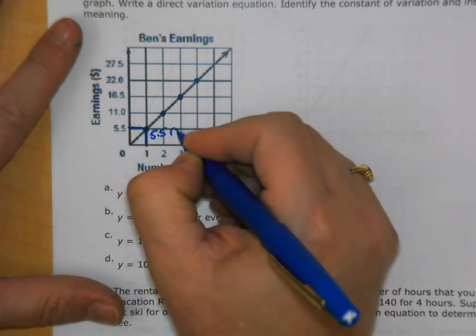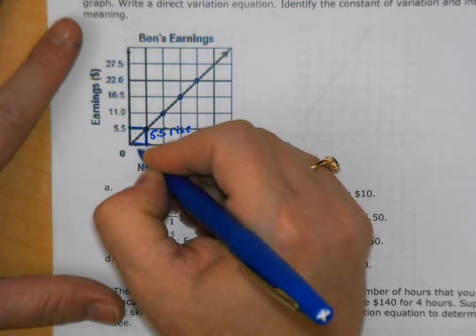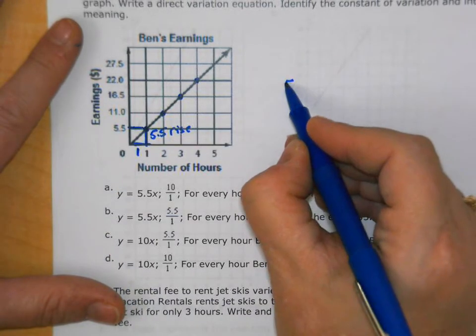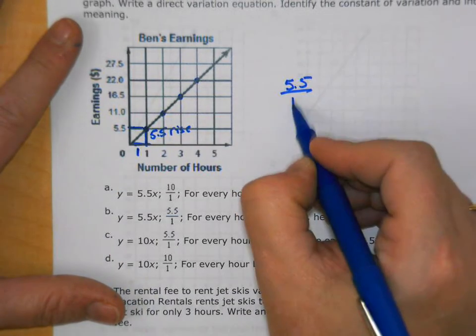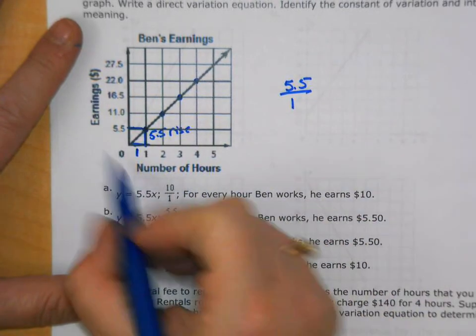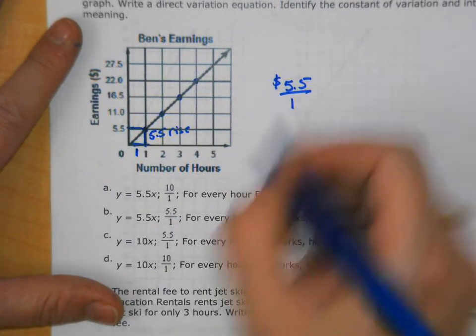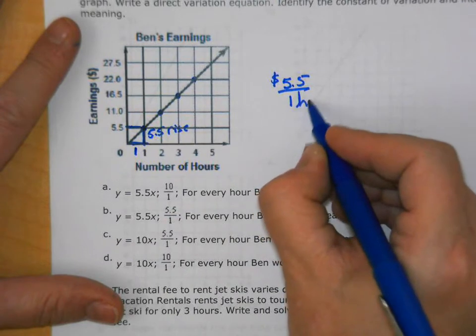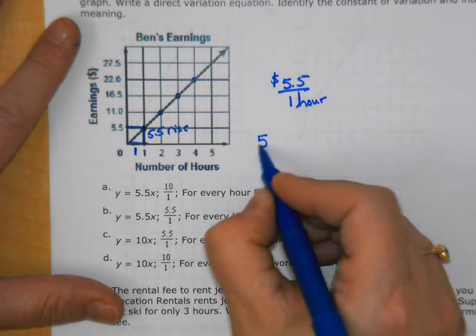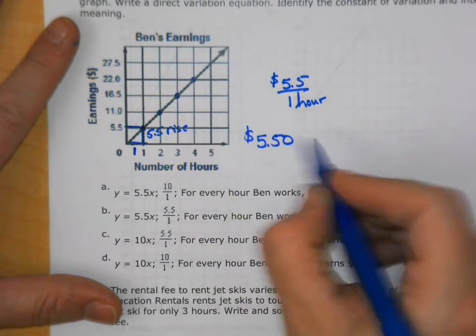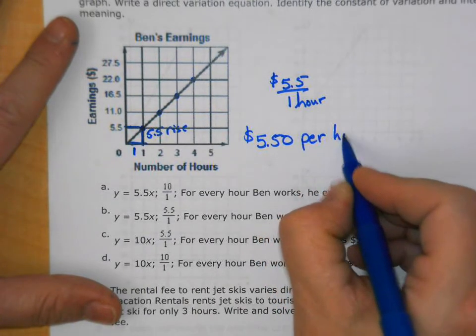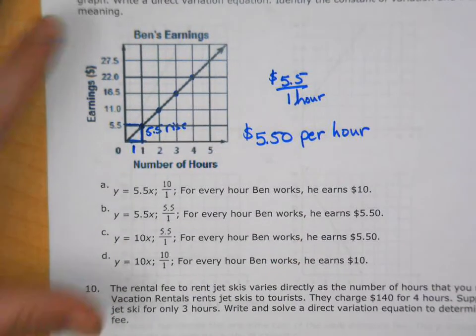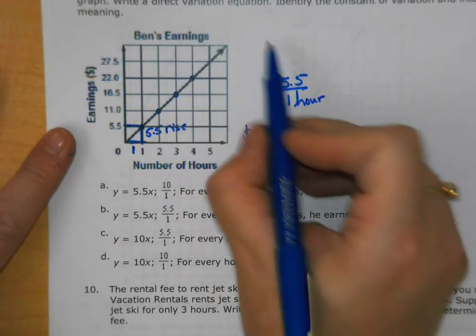It's going 5.5, which is my rise. My run is 1. So that means it's 5.5 for every 1. And since this is representing money, and this is representing hours, it's $5.50 per hour that Ben gets.